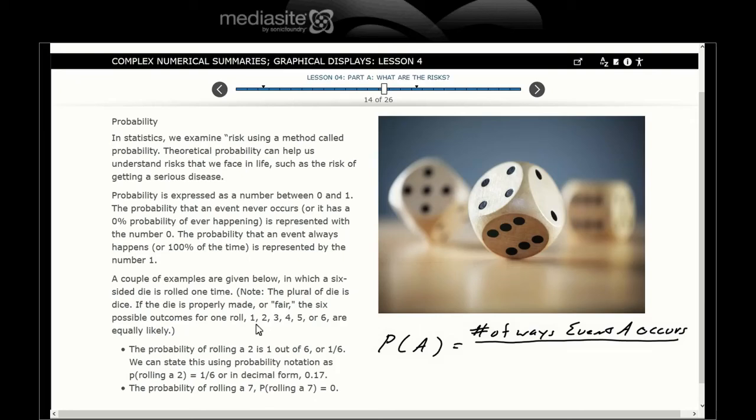Well, if you roll the dice, how many ways of getting a 1? 3 ways. Number of ways event A occurs over total number of events possible.